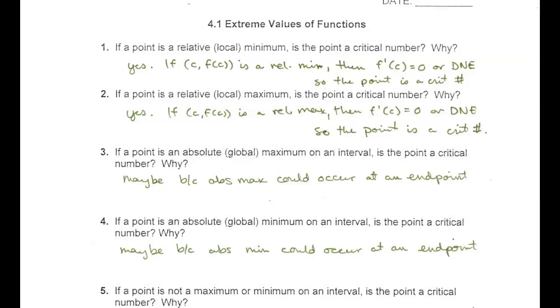This is a case of a maybe, because we know by the extreme value theorem that an endpoint can be an absolute max, and an endpoint by definition is not a critical point. So that's where that maybe sort of comes into play.